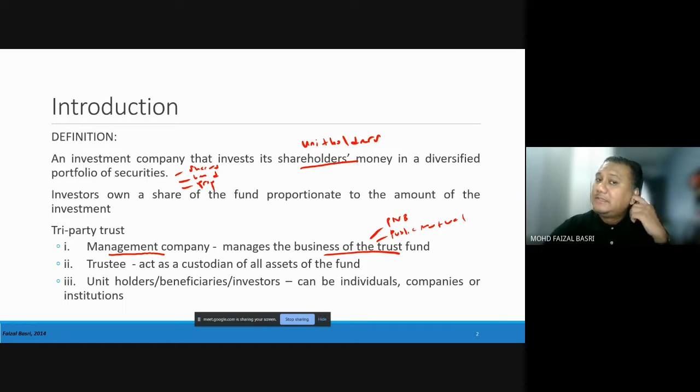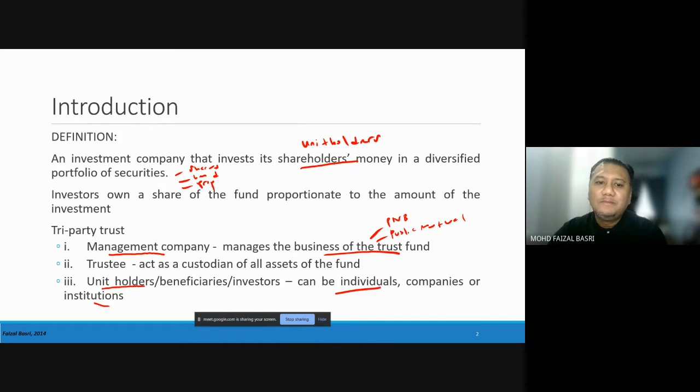Okay, and selain daripada management company, I skip to number 3. We have the unit holders, who are the investors. And this can be individual like us, every one of us boleh beli je unit trust tu. And it can be in the form of institution investors, companies. Right?